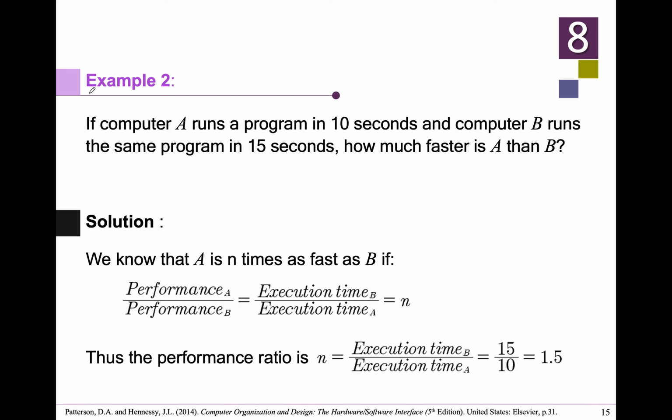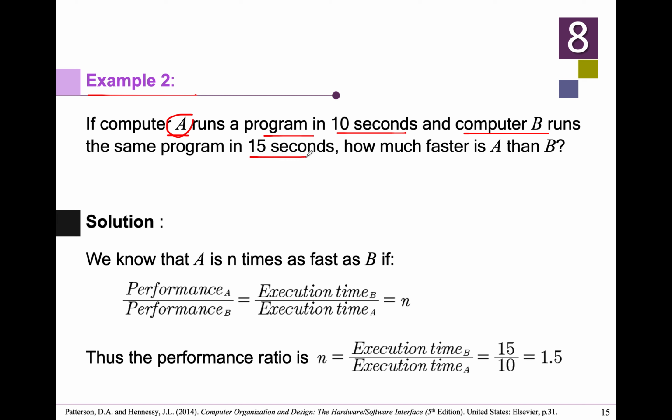So example 2: if computer A runs a program in 10 seconds, so you already see over here, a program running 10 seconds. So the execution time for A. And computer B runs the program in 15 seconds.